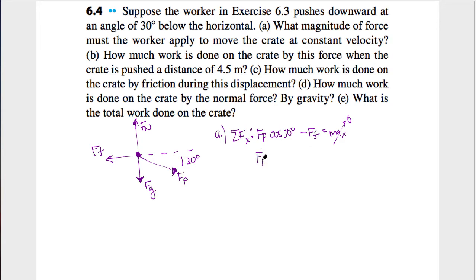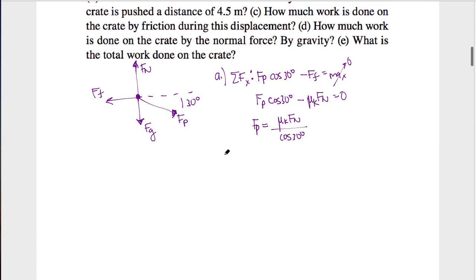So I can simplify this and say my push force times cosine of 30 minus mu k times normal force equals 0. And since I'm looking for the force the worker applies, I'm going to solve this for Fp. So that would be equal to mu k times normal force over the cosine of 30 degrees.